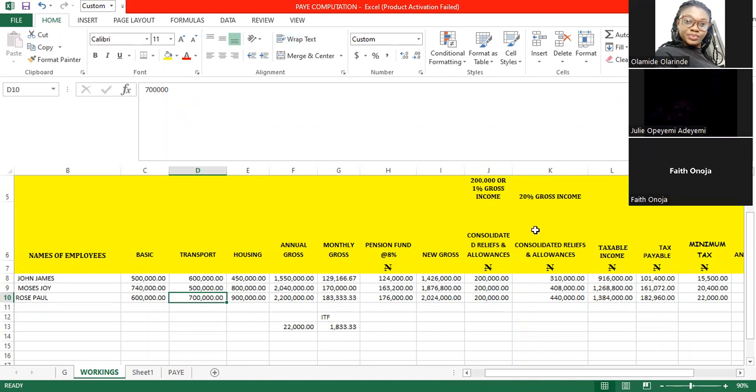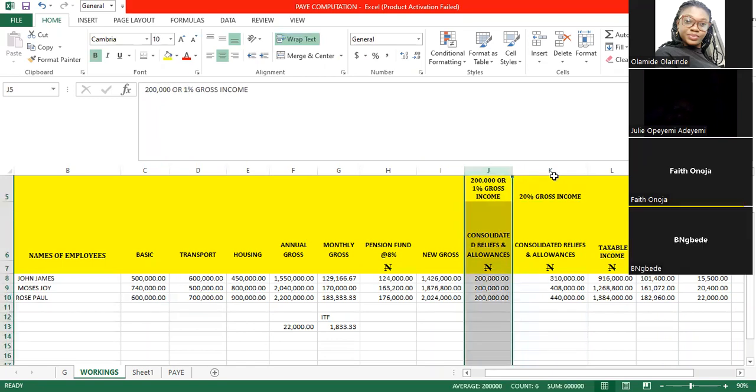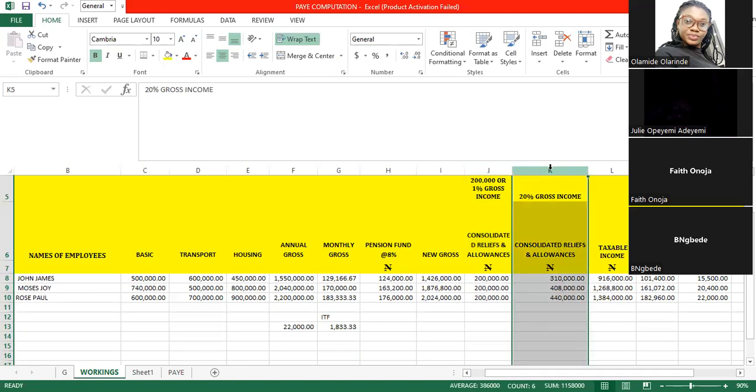Another relief you still enjoy is 20% of gross income. You pick one of the first two, then add this one to it as well, so you have two reliefs. Those are the types of relief a payee should enjoy.